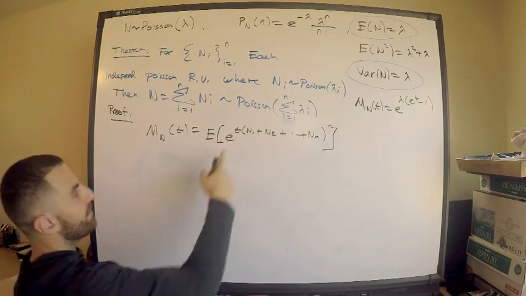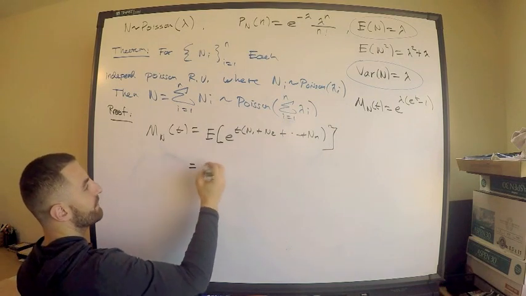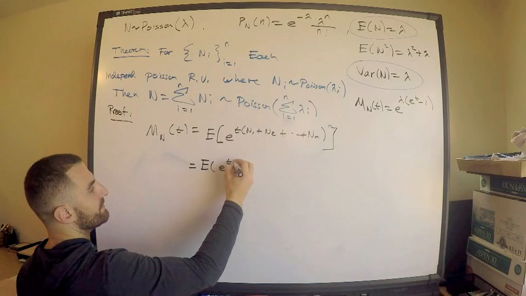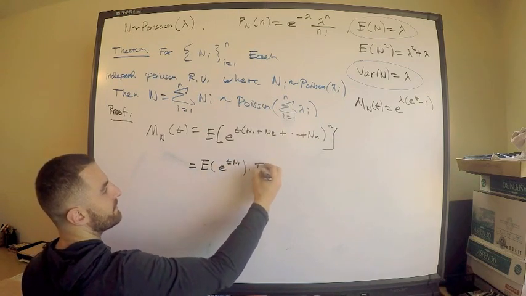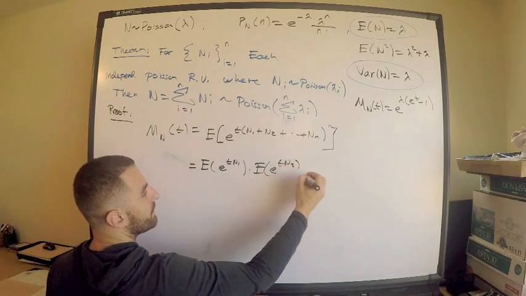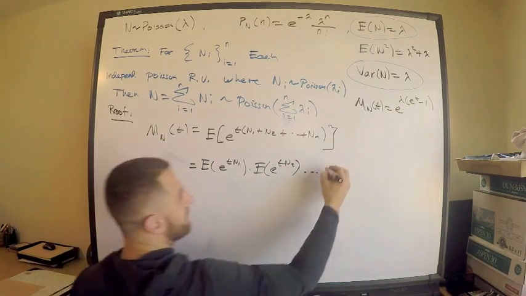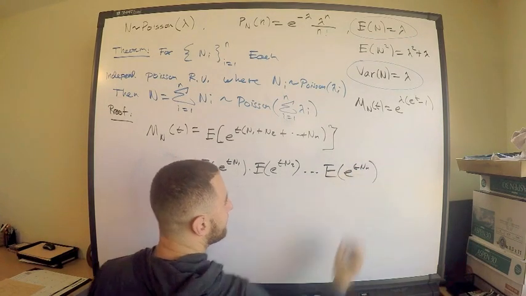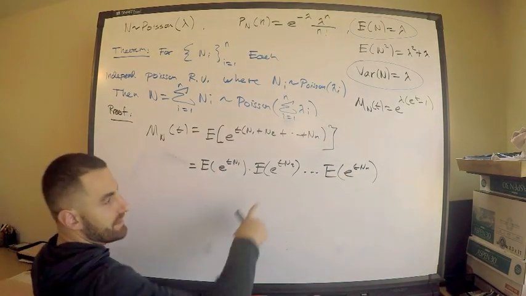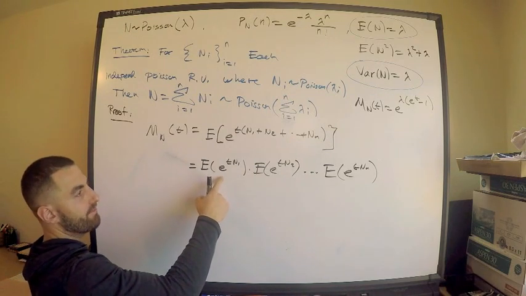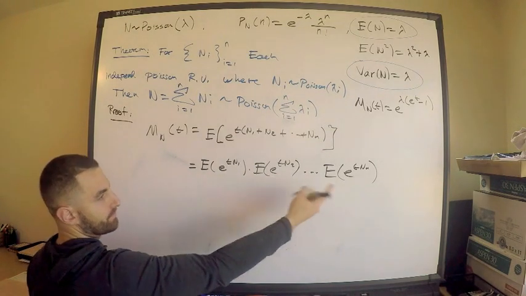But we know how to deal with exponentials. This is the expected value of e to the t N_1 times the expectation of e to the t N_2, all the way up to the expectation of e to the t N_n. Those are each moment generating functions; this is the definition of the MGF for N_1, MGF for N_2, etc.